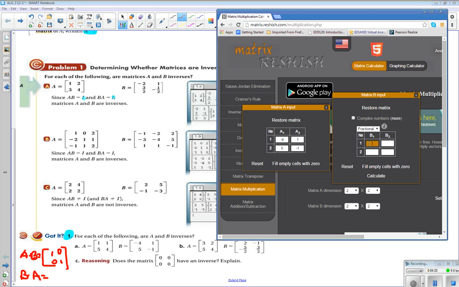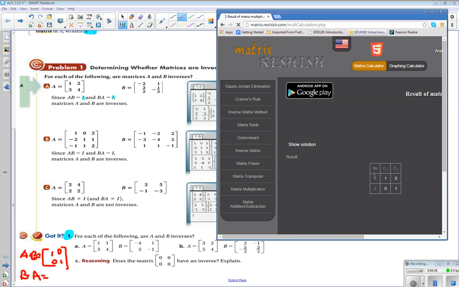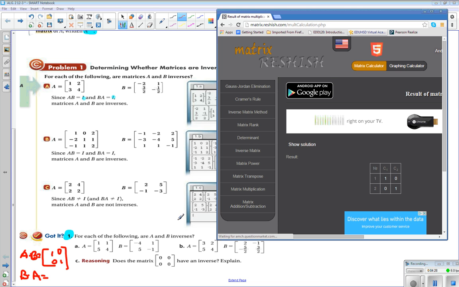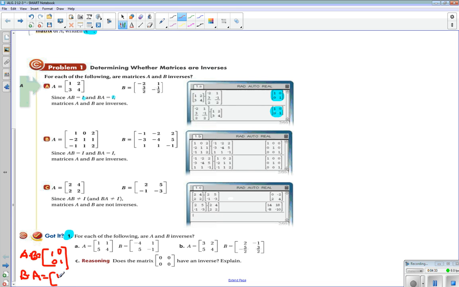And then A, 5 and 4, and calculate. And once again, I get the identity. So because when I multiply these two together I get the identity both times, A and B are inverses.